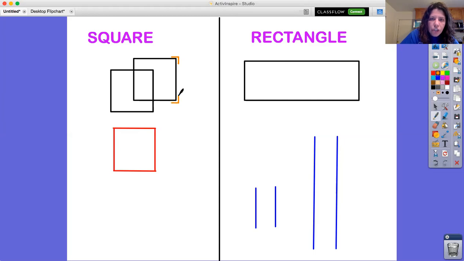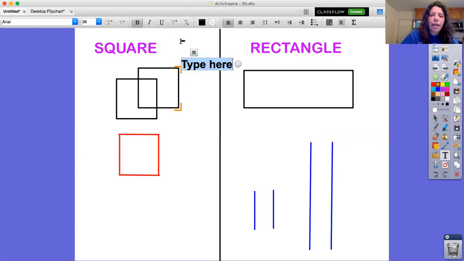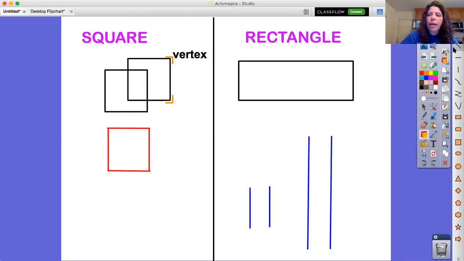Now, these are in the shape of a V, and they are called a vertex. Okay? So all of those corners are called vertices, so the points. And when I combine two vertices together, so let's say this one to this one, I am now creating an edge.